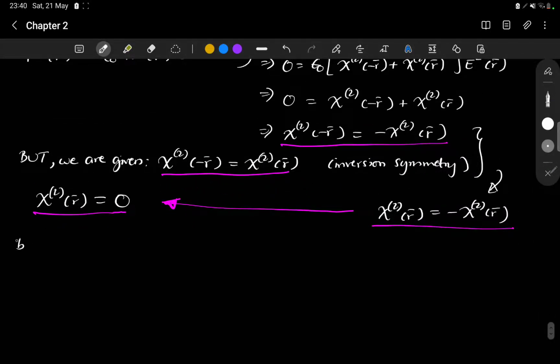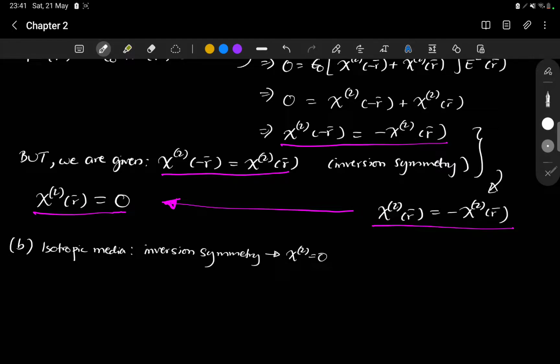So part B. In part B, we are given isotropic media possessing inversion symmetry. Inversion symmetry, meaning we just proved in part A that chi2 is going to be 0. So if chi2 is 0, then the next nonlinear term would be chi3.